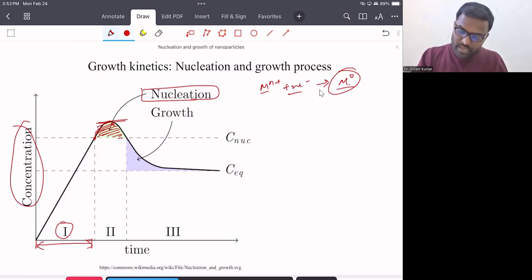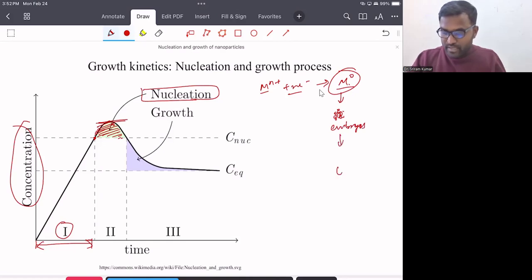That means that much concentration we need to start the nucleation process. Once we have the nucleus, first there is formation of embryos, and then we have the nucleation process, so we have nuclei here. So we have the nucleus now.